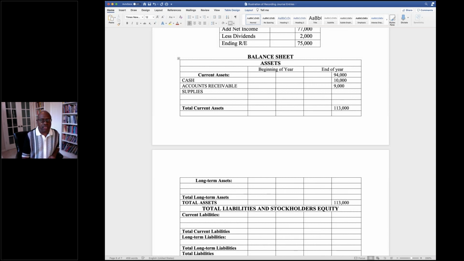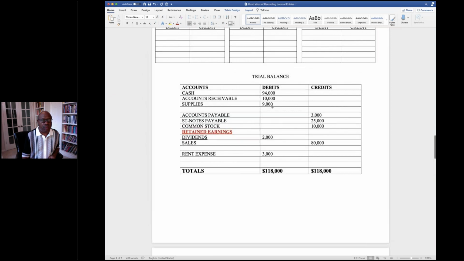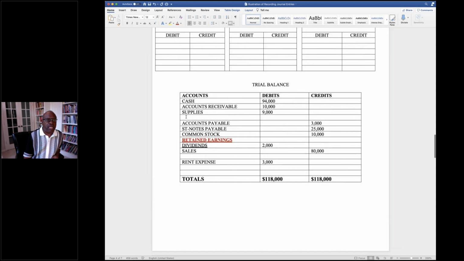So hopefully you realize if you've got a trial balance, we're going to go to the top of that trial balance, and I guess I left the space here. So everything above the space is going to go on the asset side of the balance sheet. I left a space, so you might want to do this.